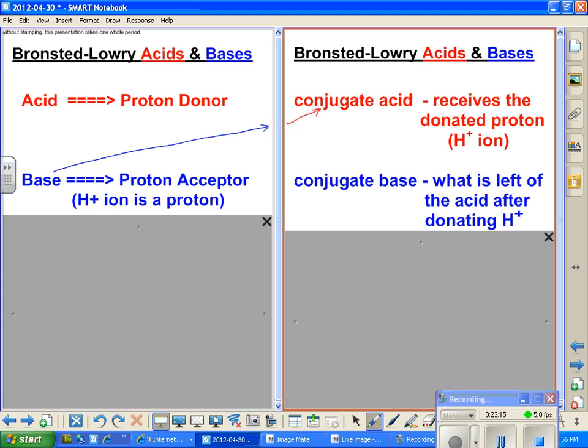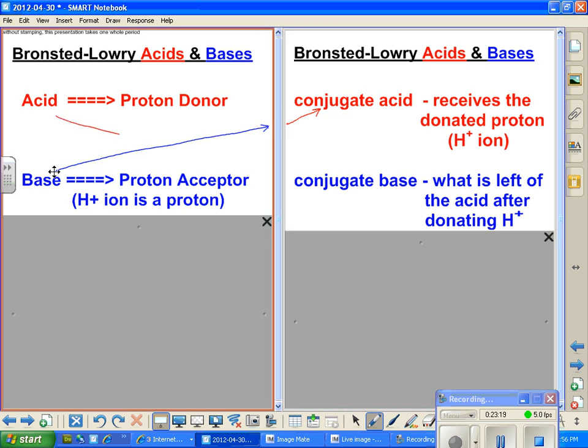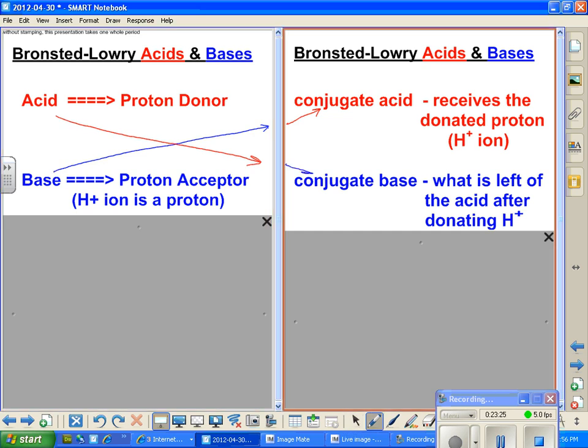So the base becomes the acid, and the acid becomes the base in the other frame. Again, reinforcing the idea that the acid becomes a base, but when it becomes that base, we call it the conjugate. Likewise, the base became an acid, but when it became that, we called it a conjugate.